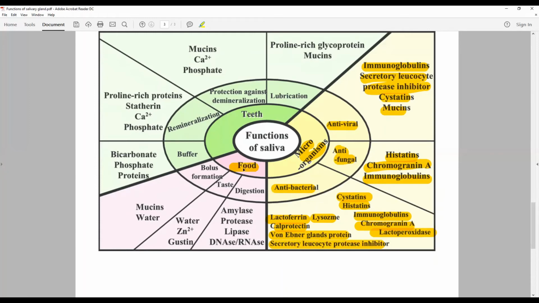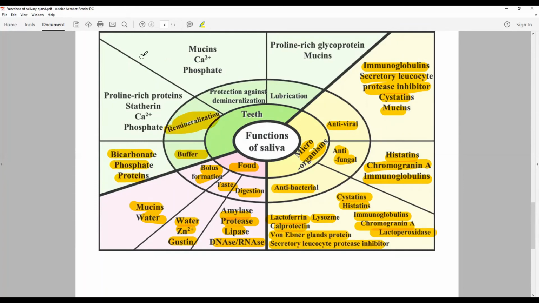For the food component, bolus formation is by mucins and water. Taste is contributed by water, zinc ions, and gustin. Digestion is helped by amylase, protease, lipase, DNase, and RNase. For the teeth-related functions, buffer function is by bicarbonate, phosphates, and protein buffers.